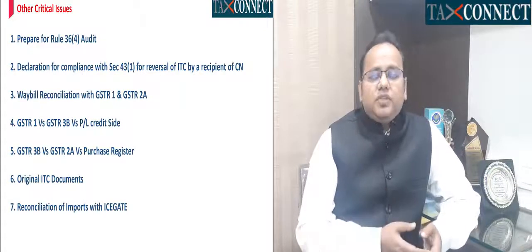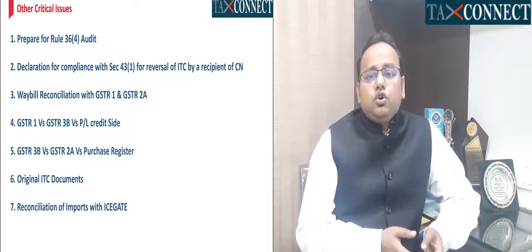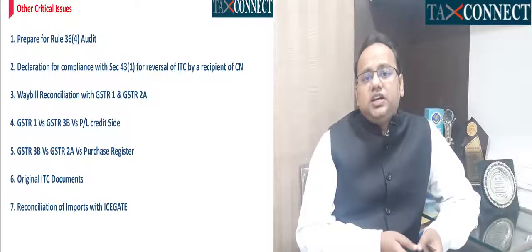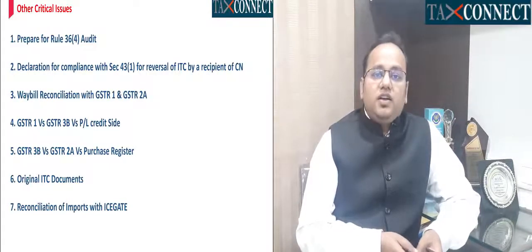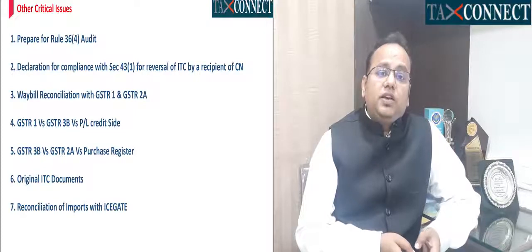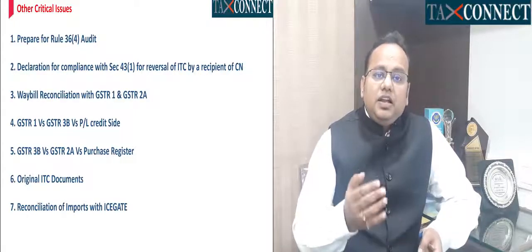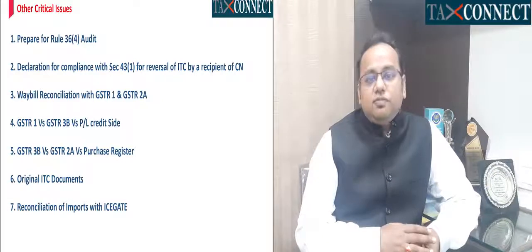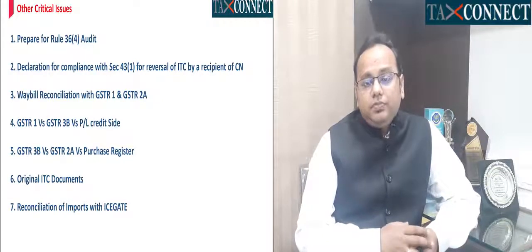Friends, a few other critical issues are different from the 17-18 and 18-19 GST audit. In this year, as you know, in October 2019, Rule 36 Sub Rule 4 was notified, whereby the taxpayer was barred from taking input tax credit which was more than 120% of the input tax credit available in 2A. That limit was reduced to 10% from January 2020.